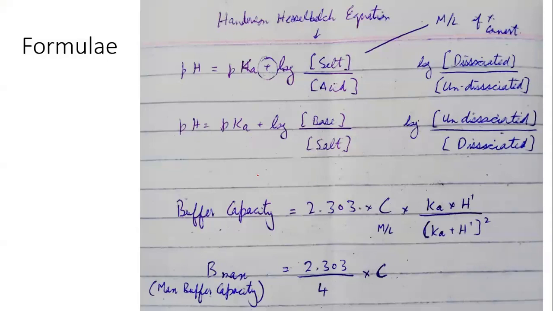Now, another thing is the second formula. You can see this is for base. The upper formula was for acid and the lower one is for base. In this formula, we have flipped it upside down. In the acid formula, acid will remain down here, and in the base formula, base will come up here and salt will go down. Write this down as well on your register.